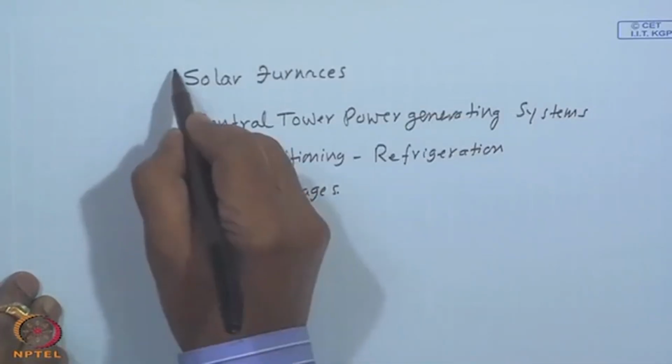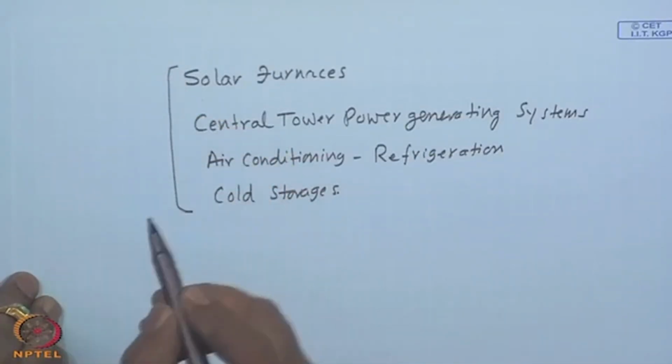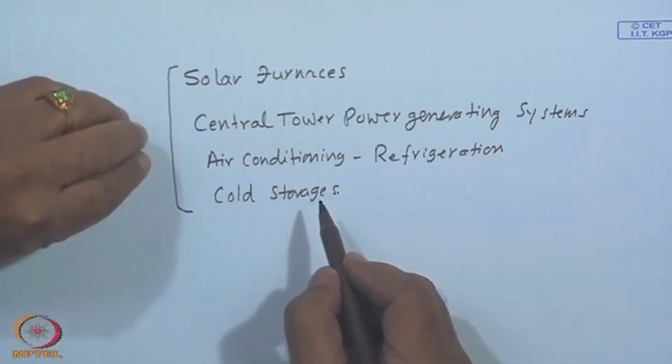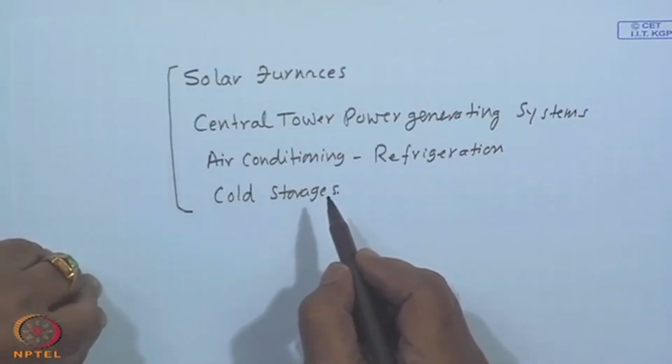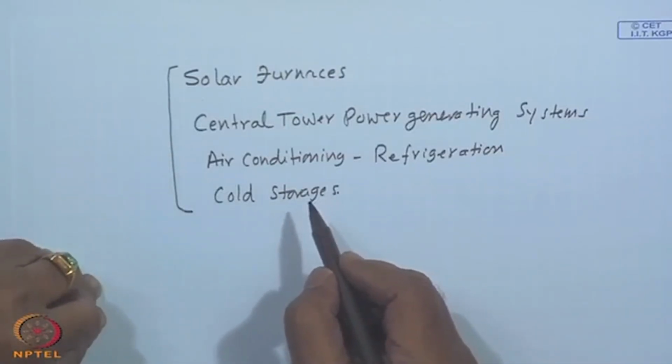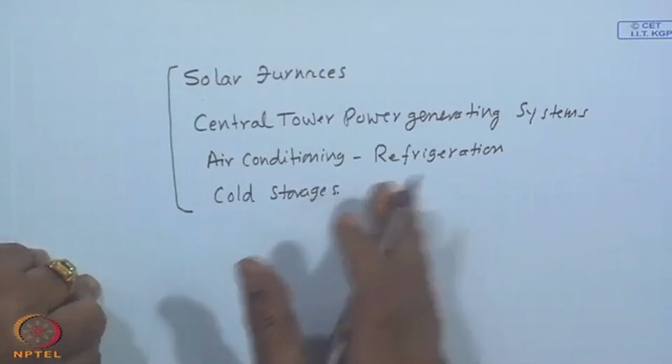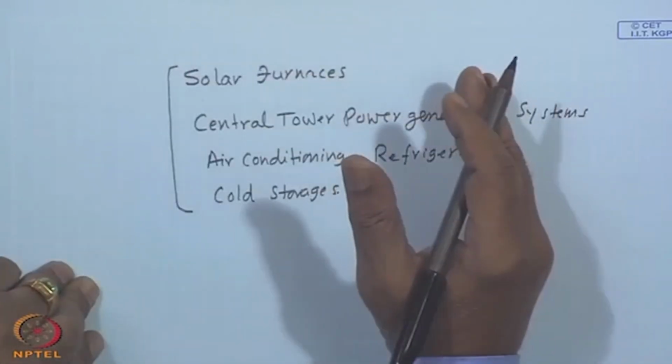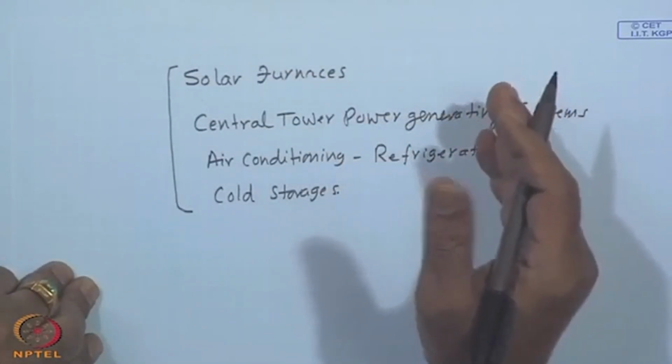These I have not included because each design is specific and depending upon the location and application, it is difficult to put it in the form of, say, QU equal to ACF or tau alpha type of formula.